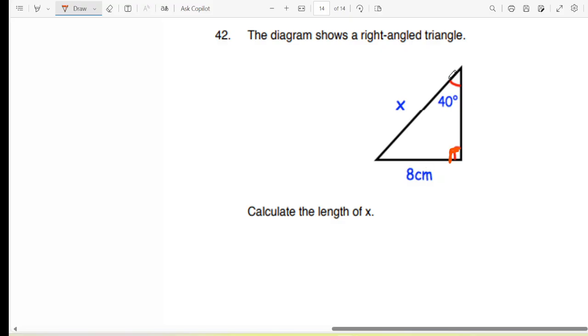With respect to this angle, this is the opposite side, this is the adjacent side, and this is the hypotenuse. So we can use this formula, remember this: SOH CAH TOA.